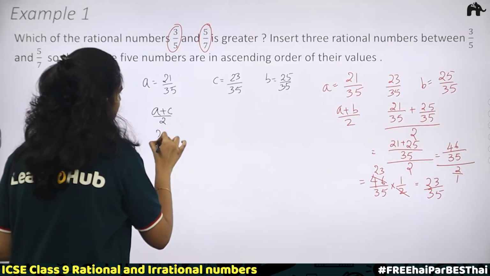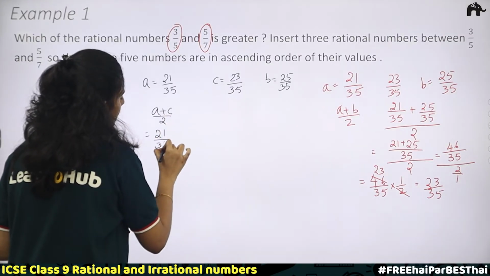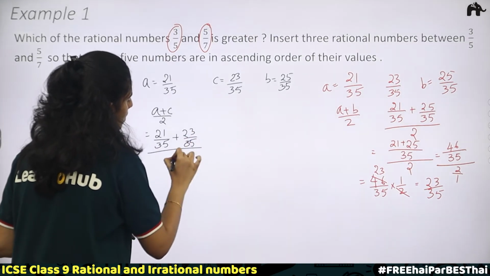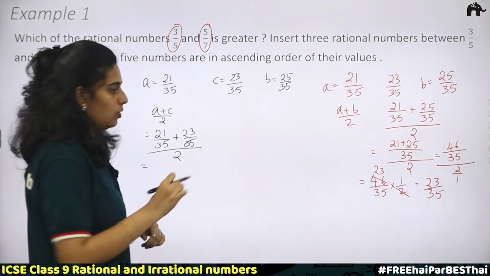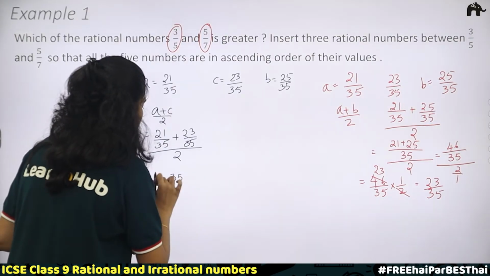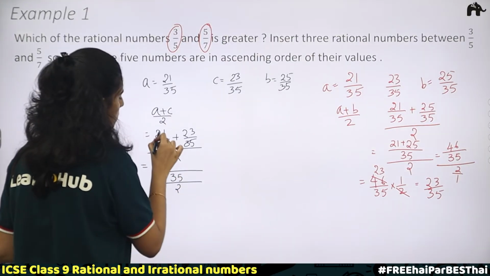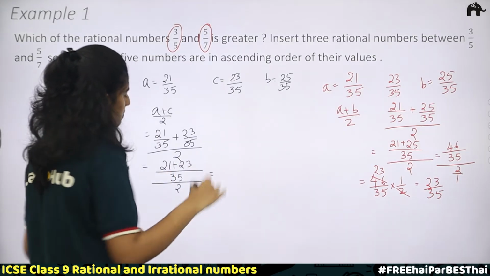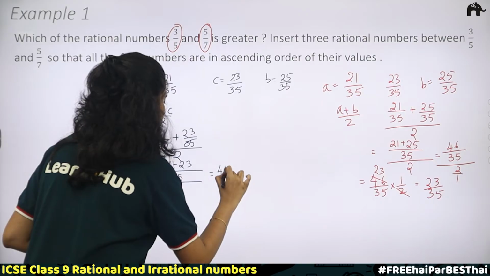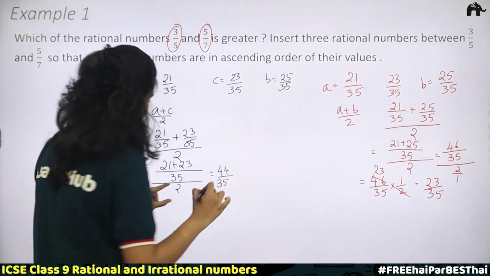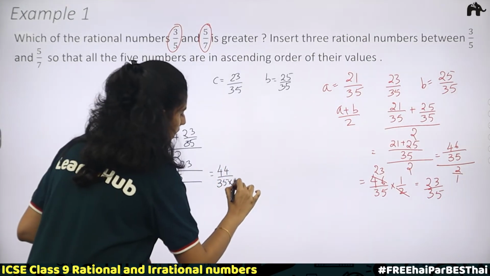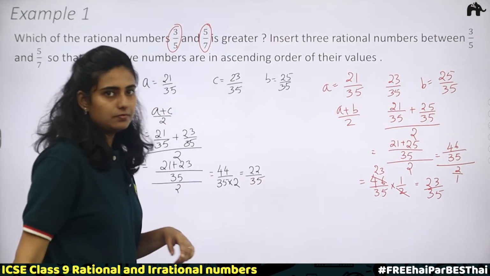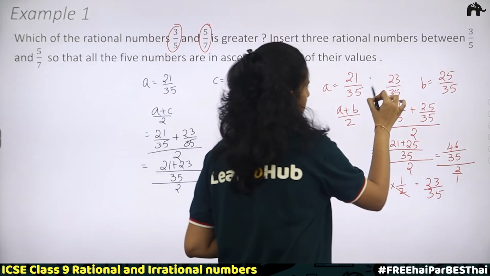Okay, 21 divided by 35 plus 23 divided by 35 whole divided by 2. 21 plus 23, what is 21 plus 23? You will be getting 44 divided by 35. Reciprocal multiplication, denominator 2, which is 22 by 35. Okay, 22 by 35.